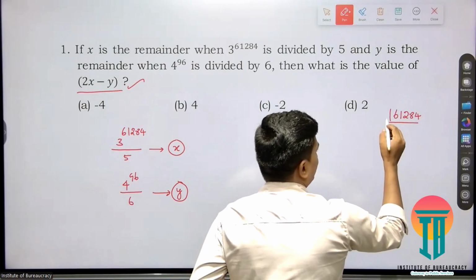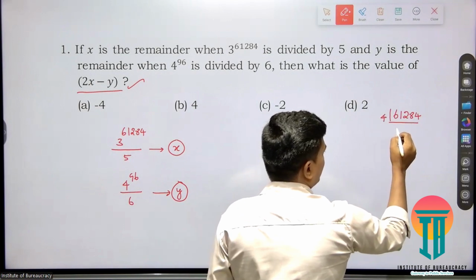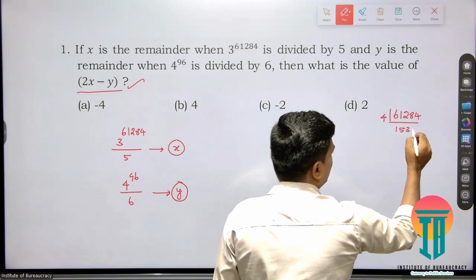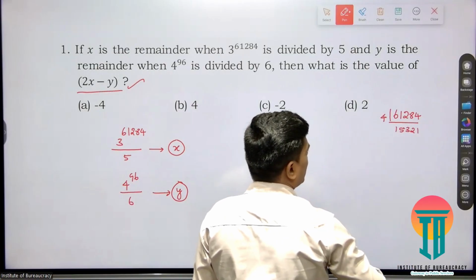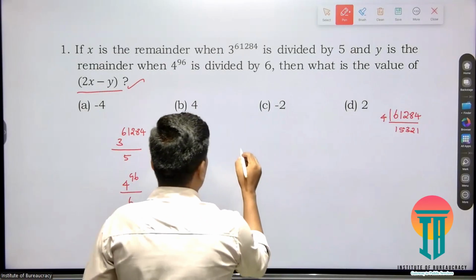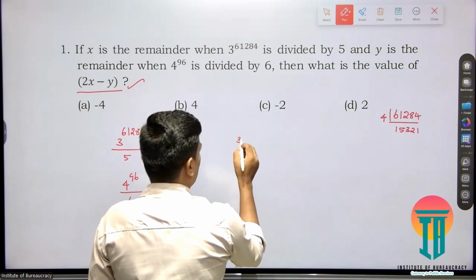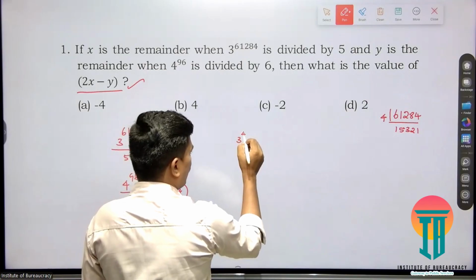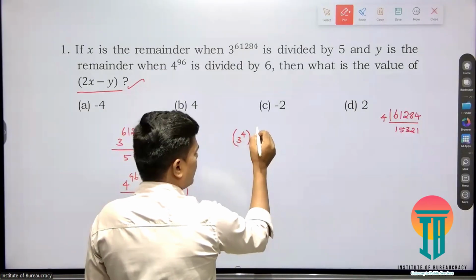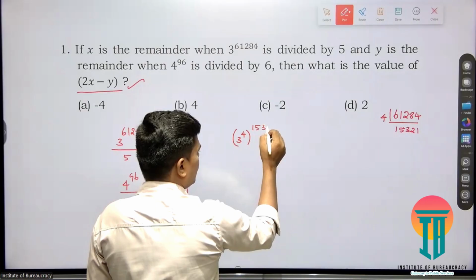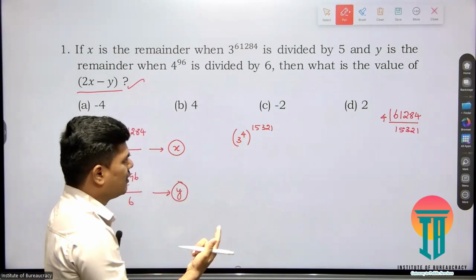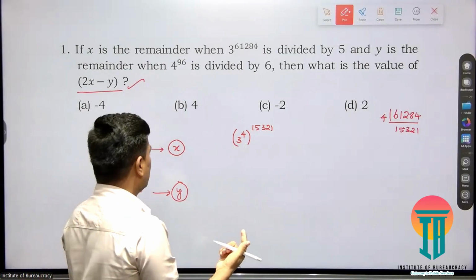If we divide by 4, 61284 by 4 gives 15321. So 3 power 61284 can be written as 3 power 4, whole power 15321. 3 power 4 means 3 square into 3 square, which is 81.